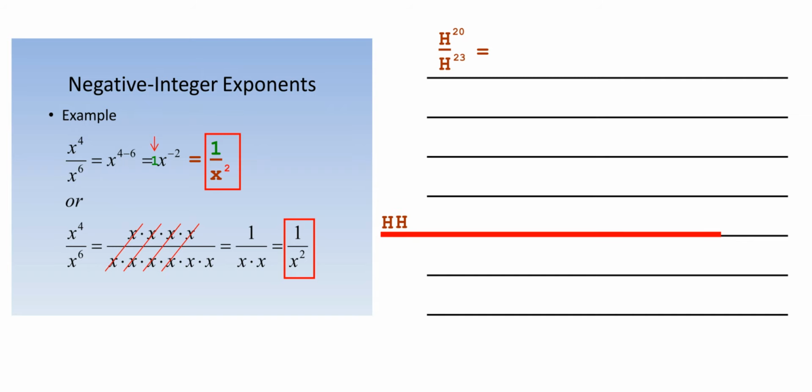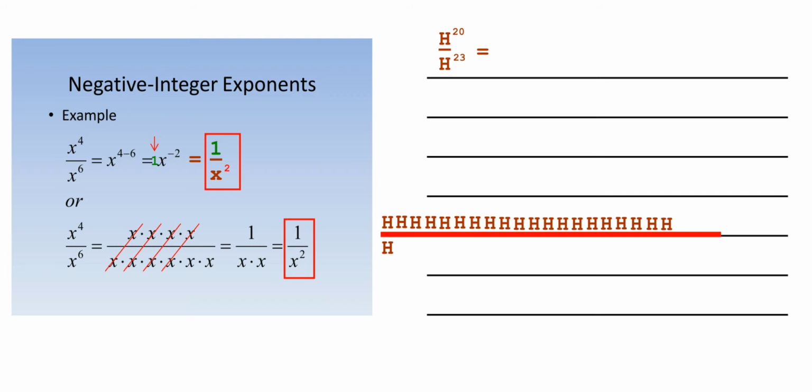That means we have 20 h's on top: 1, 2, 3, and so on up to 20.